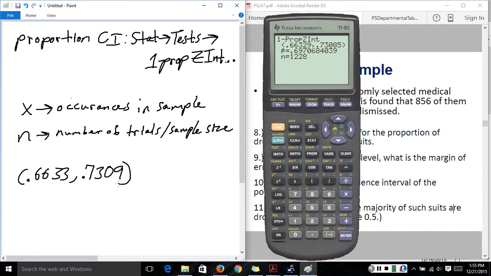In interval notation, the calculator uses that. Underneath the confidence interval, I have p hat, which we found in number 8, and it restates the sample size. So that's how you can use 1 prop z interval to find confidence intervals for proportions in the calculator.